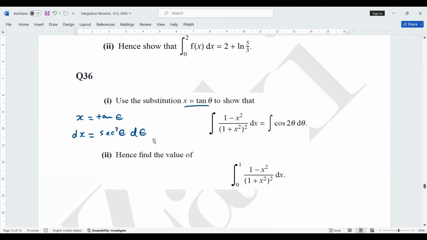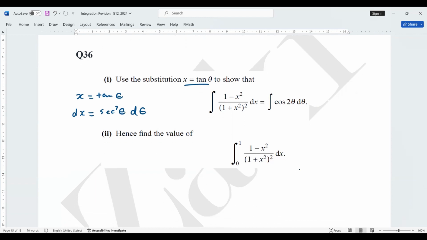Now we go to part I. So it is the integration of 1 minus x squared, and x squared is tan squared theta, over 1 plus tan squared theta, all squared. dx is sec squared theta d theta.